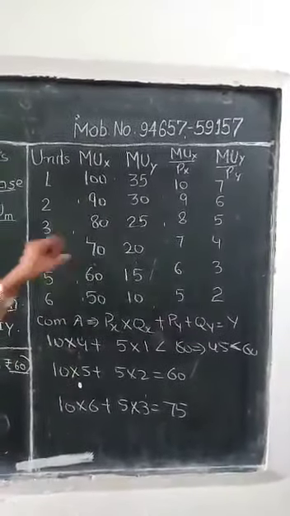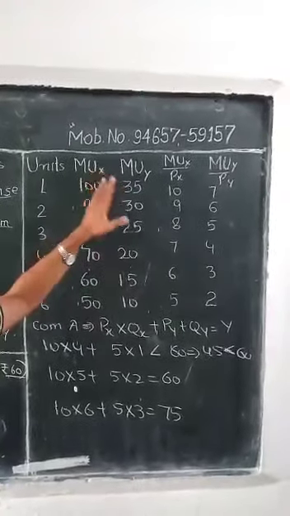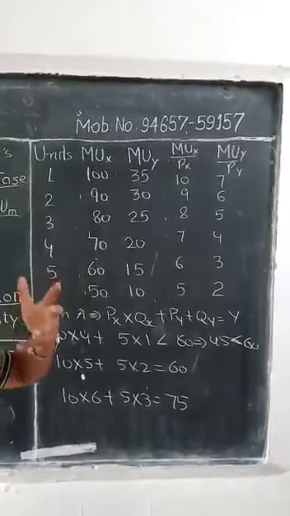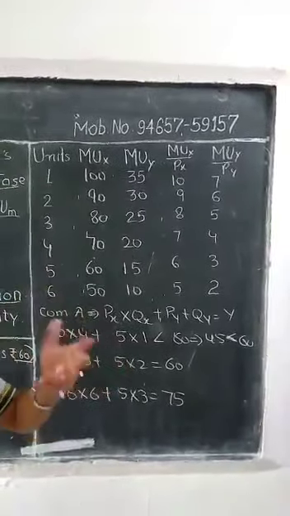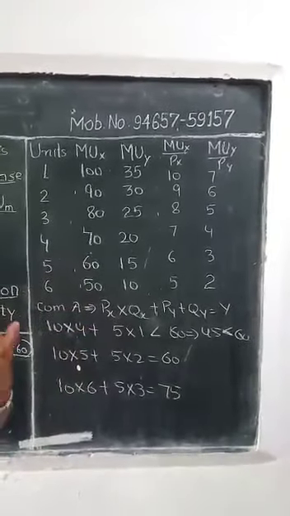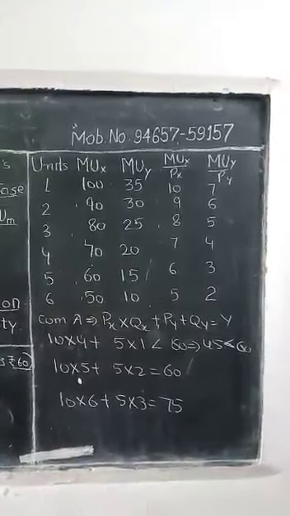Then the marginal utility of y starts from 35. Why is it so? Because the price of x is 10 rupees, we are getting more satisfaction from the consumption of x and less satisfaction from the consumption of y. For example, you have two different commodities, one is chocolate and the second is a burger or a pizza.